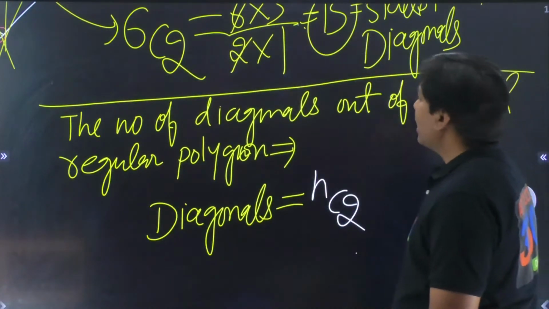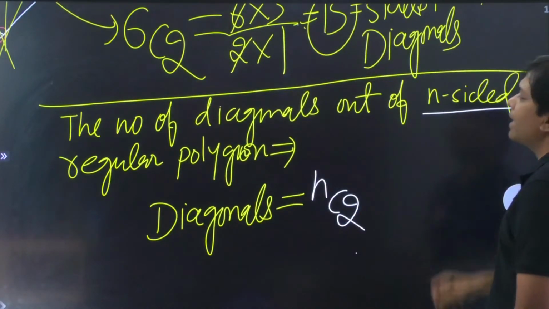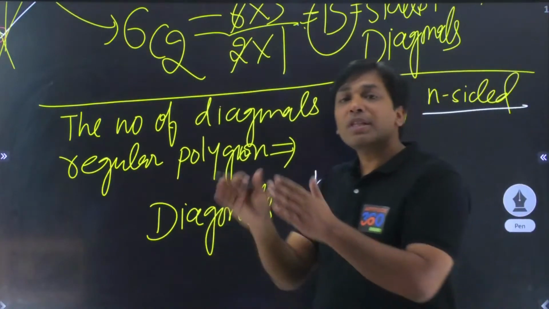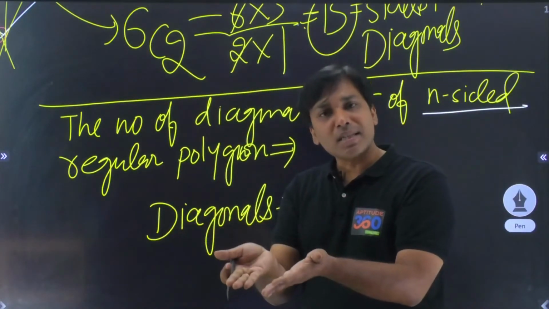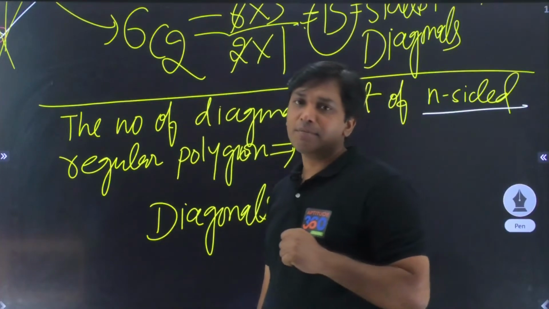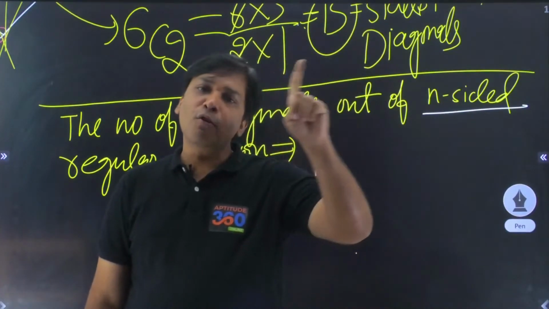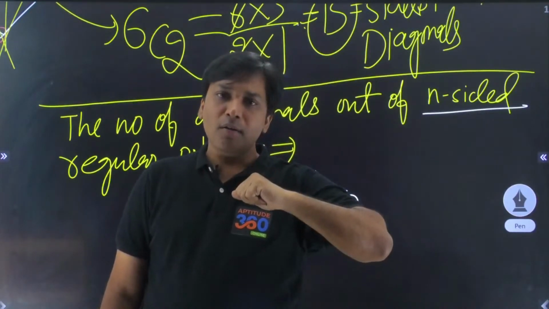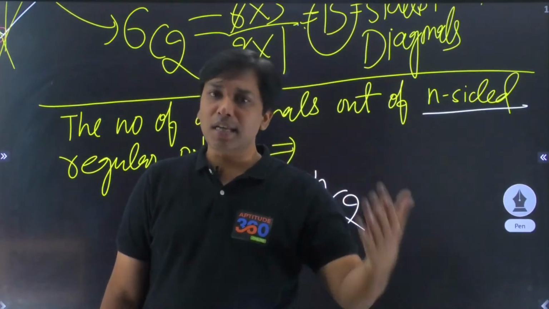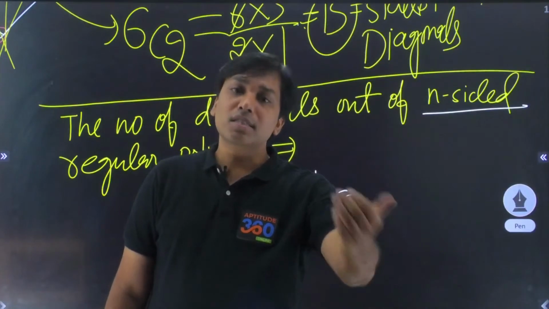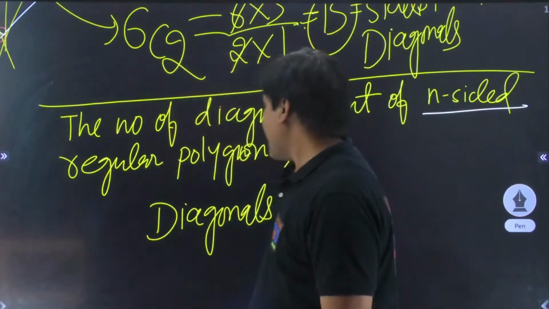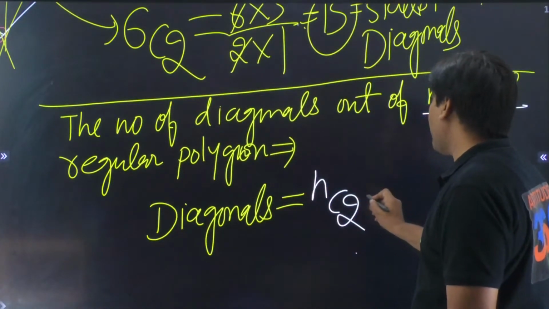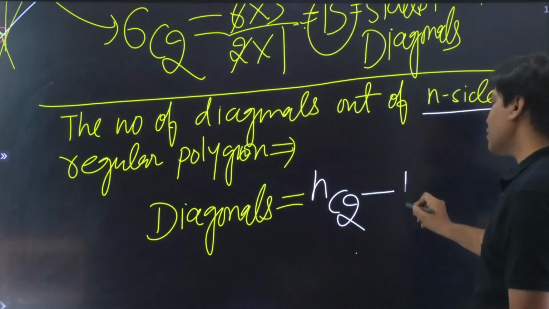If you have an n-sided polygon, what is going to be the number of sides? It is going to be nothing but n sides. If you have been given a 4-sided regular polygon, what are the sides? 4. Pentagon 5 sides, hexagon 6 sides, octagon 8 sides. So nc2 minus the number of sides, which is n.